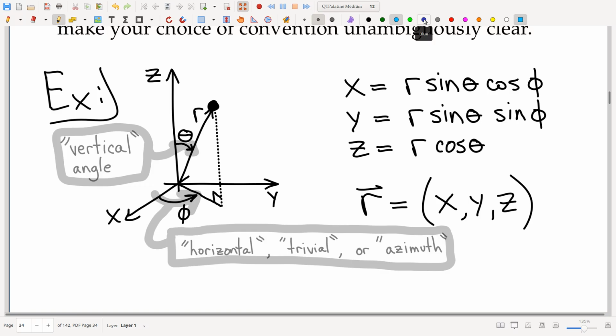Not rarely. What we call rho, they call r. Despite the fact that we have previously used a different distance for r. So that's confusing.